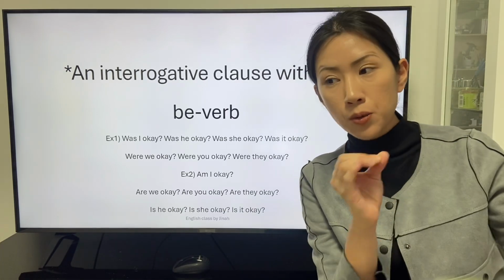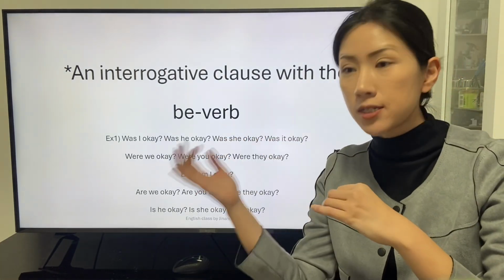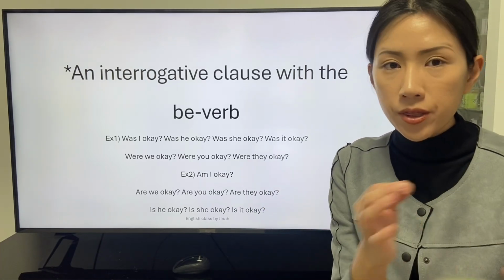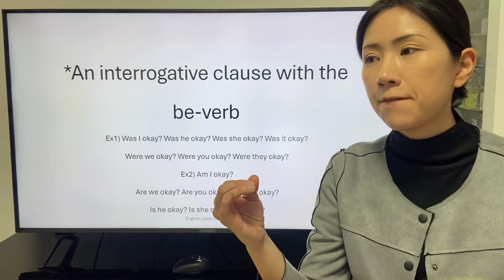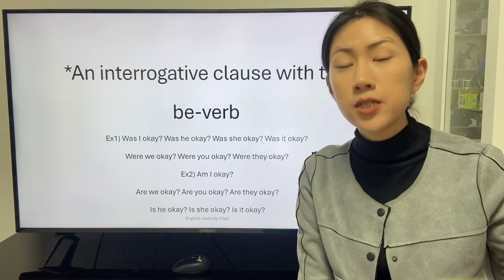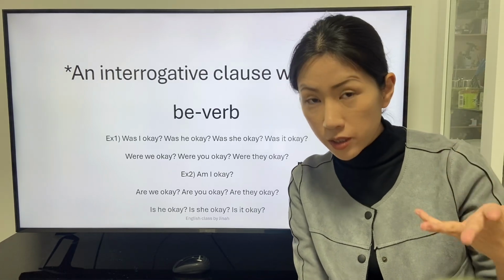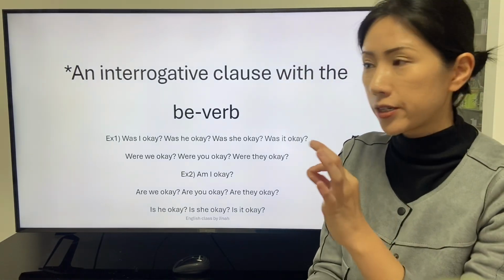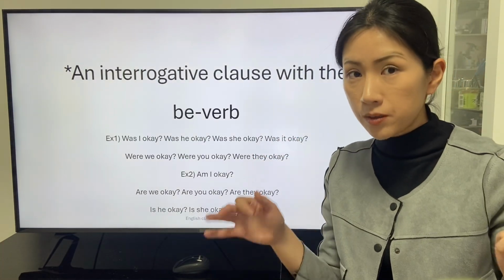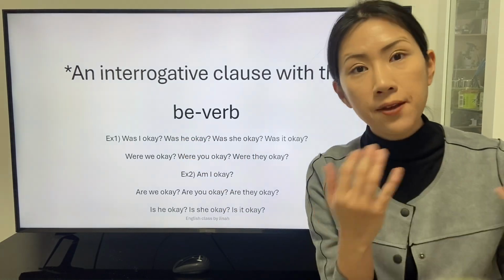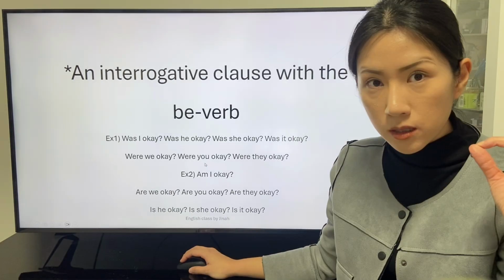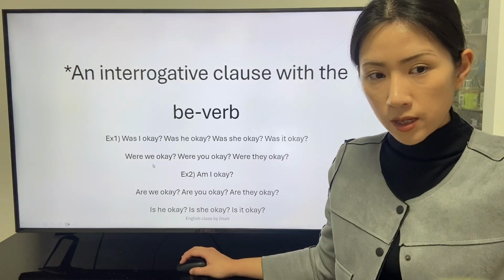The existence or condition of the plural subject is described with the form of the be-verb are. The existence or condition of the singular subject that is not a participant in the conversation is signified with the form of be-verb is. The example number 2 is about that.